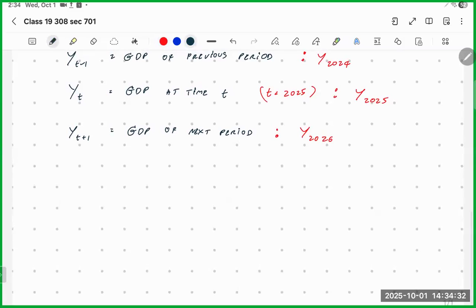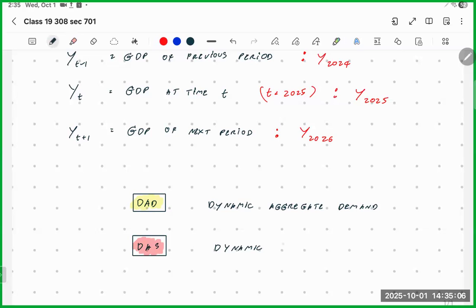So in this chapter, we're going to have new graphs we call DAD, which comes from dynamic aggregate demand, and DAS, which stands for dynamic aggregate supply.